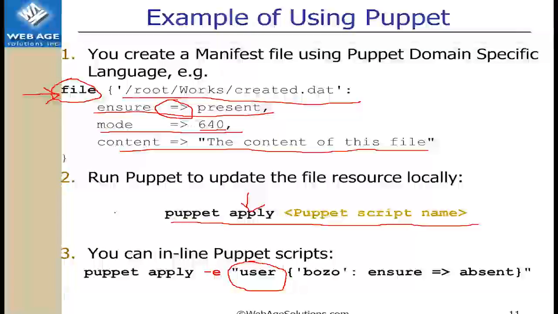You can execute Puppet scripts from the command line, where you would inline your script, and you would just use the -e or execute script flag. Of course, you can start service, you can stop service as a resource, you can do lots of other things. Puppet is really geared towards people who like very succinct, very short scripts and very powerful.